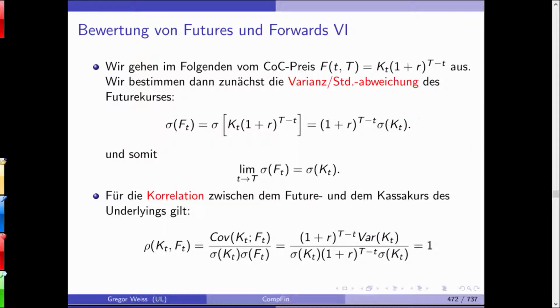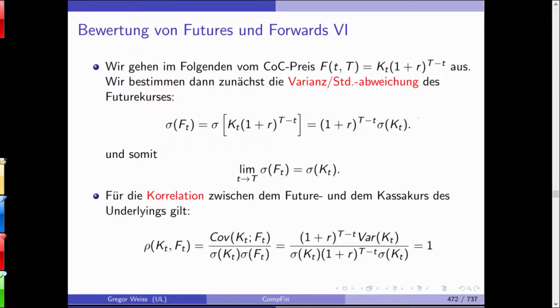Now, let's look at some details here. The variance or the standard deviation of the future price, if we take the cost of carry price here, is given by (1 plus r) taken to the (T minus t)th power times the standard deviation of the spot price.